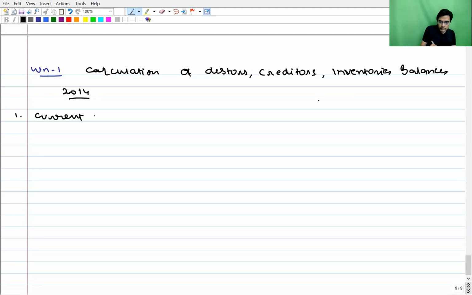Current ratio for 2014 given in the question is 1.4. We all know the formula for current ratio is current assets divided by current liabilities.